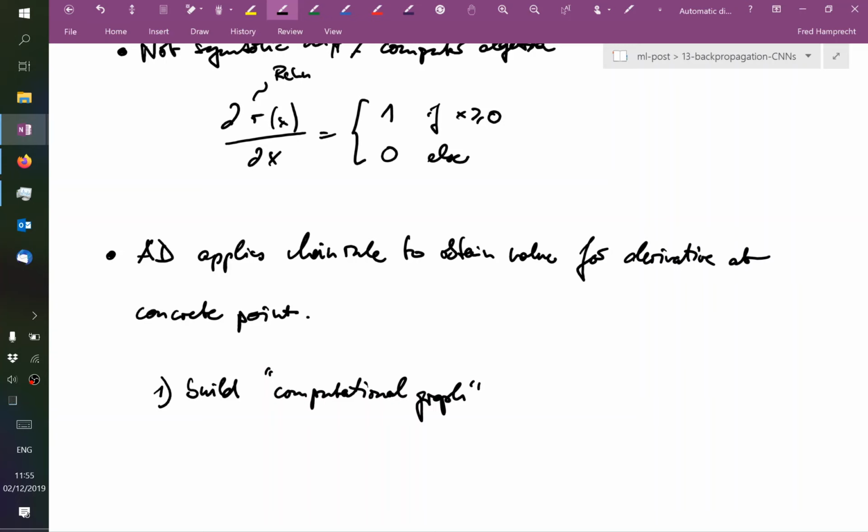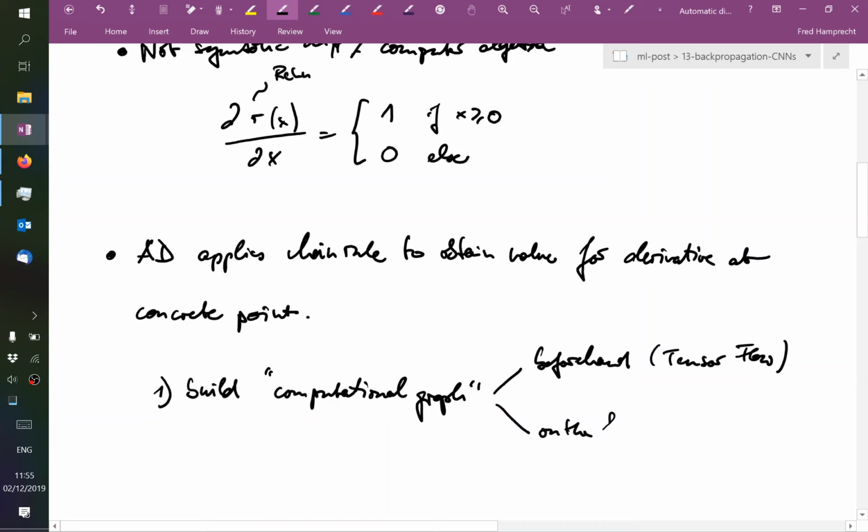So this computational graph can either be built beforehand. That's what happens in the older computational frameworks. Old in this field means like 3 years old. TensorFlow, for example. Or it can happen on the fly, as happens in the newer frameworks, such as PyTorch.